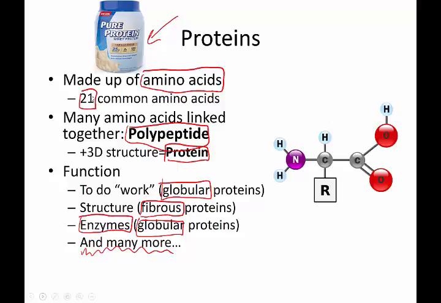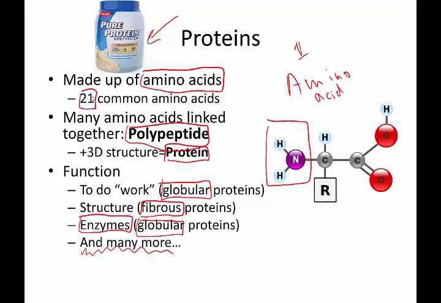On the right-hand side of the slide, I have an example of an amino acid. So again, here we have a molecule. This is one amino acid. There are really four major parts, 3 or 4 depending on how you want to split it, of an amino acid. Here we have nitrogen.